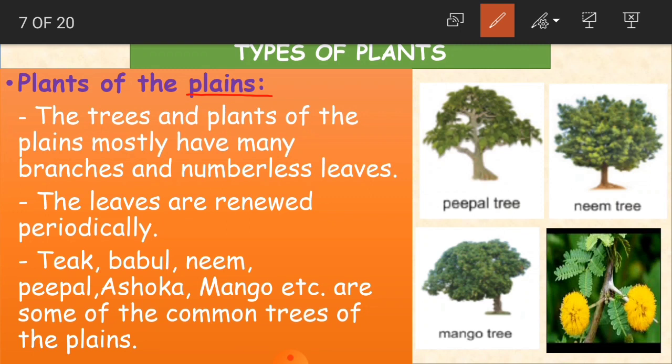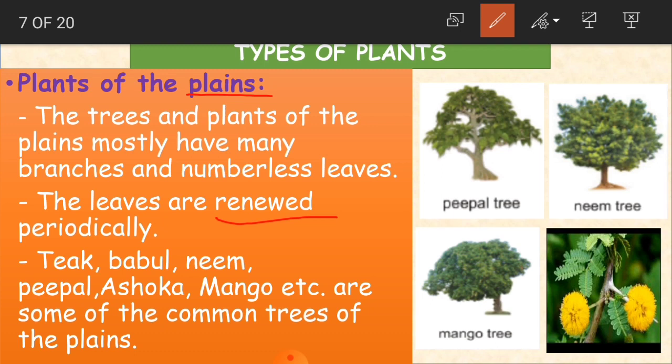The trees and plants of the plains mostly have many branches and numberless leaves. Numberless, in the sense that we can't count them, so many leaves.